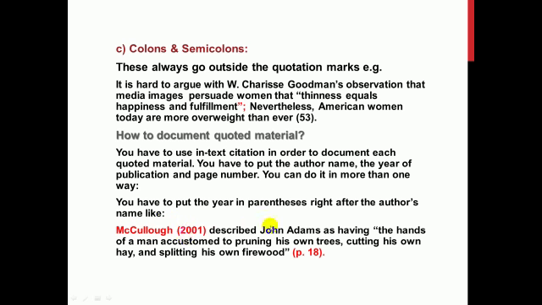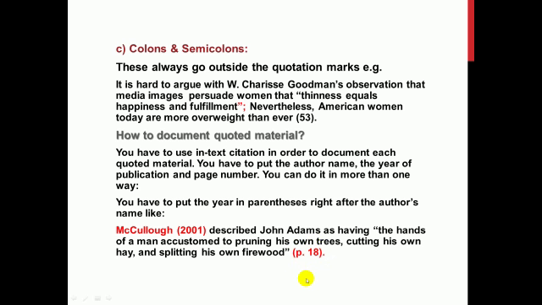Then start with the quoted material: the hands of a man accustomed to burning his own trees, cutting his own hay, and splitting his own firewood. At the end, I can mention the page number preceded by p dot, between two parentheses.